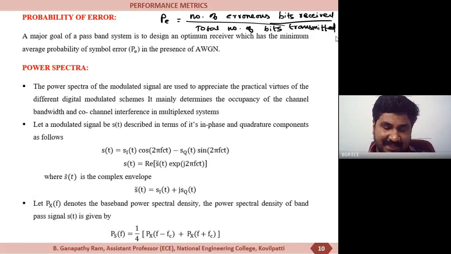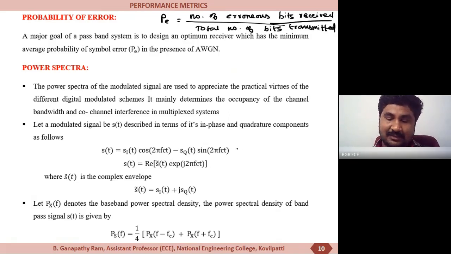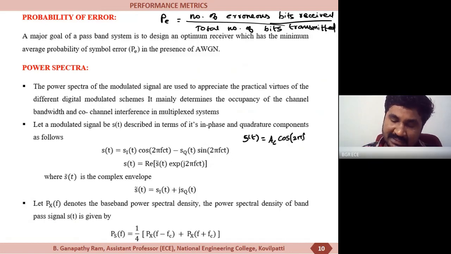So let S of t be the modulated signal which has two components, the in-phase component and the quadrature component. The modulated signal can be represented as S of t equals Si of t cos 2 pi fct minus Sq of t sin 2 pi fct. This comes from the fact that generally any modulated signal C of t can be represented as Ac cos(2 pi fct plus phi of t).